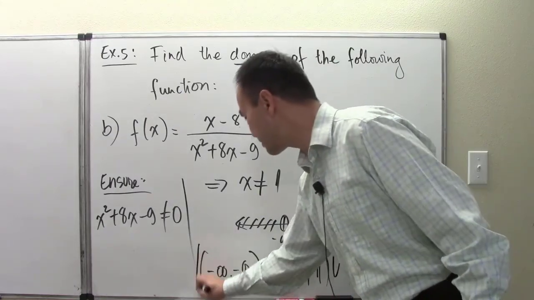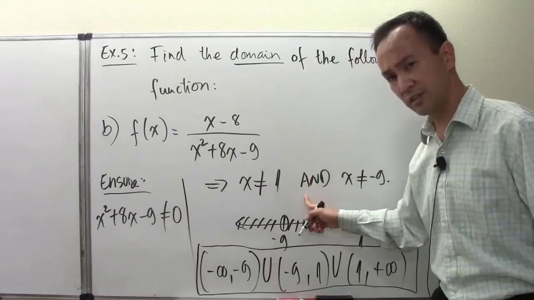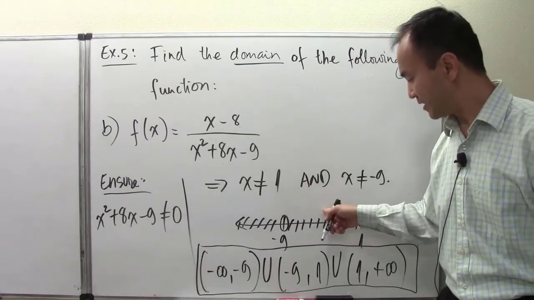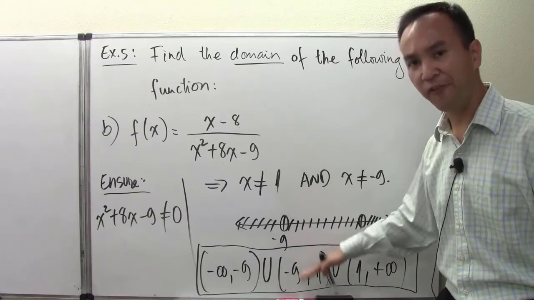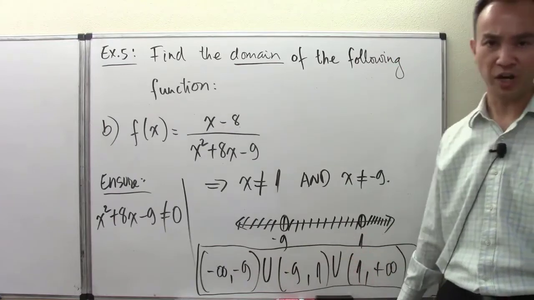Ladies and gentlemen, this is your domain here. This is the logical understanding of the domain, a graphical representation, and the formal final answer is expected to be written in interval notation.